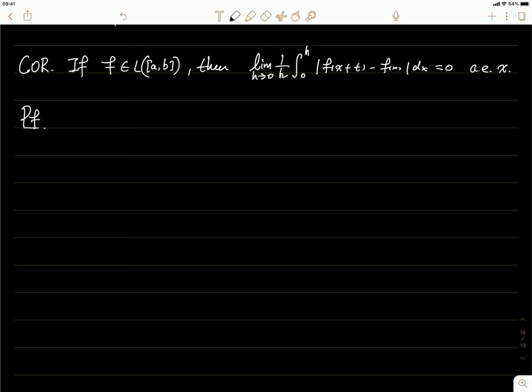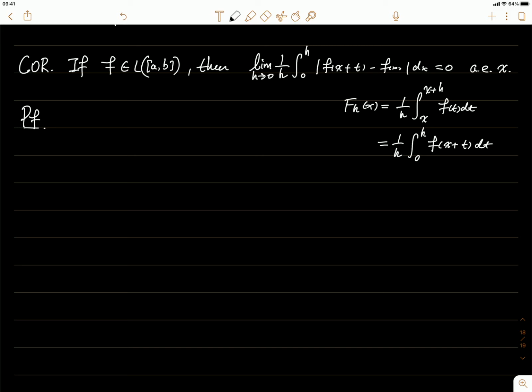We showed that, if we define f sub h of x as a function of x equal to the integral from x to x plus h of f(t) dt, you know that this can be written as the integral from 0 to h of f(x plus t) dt, just a simple change of variable.